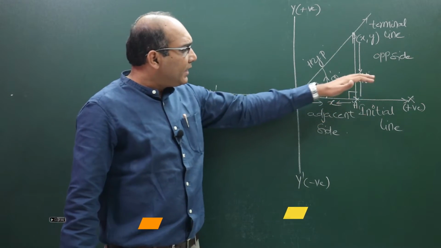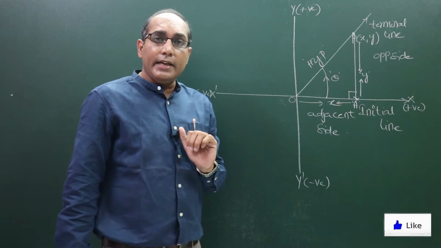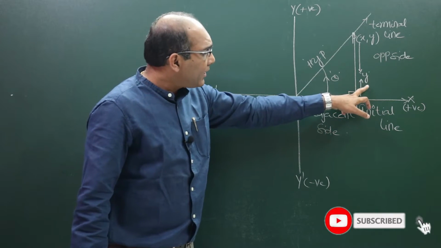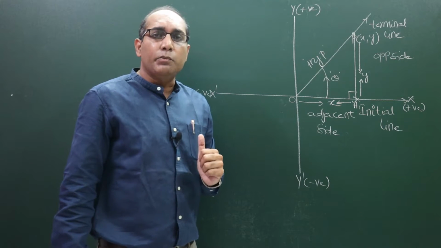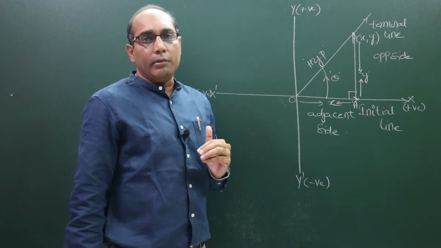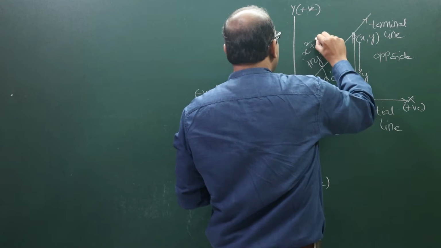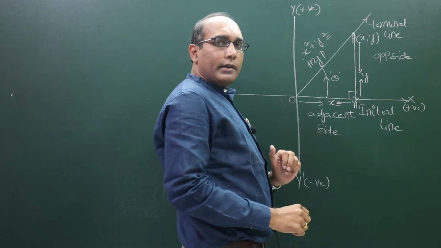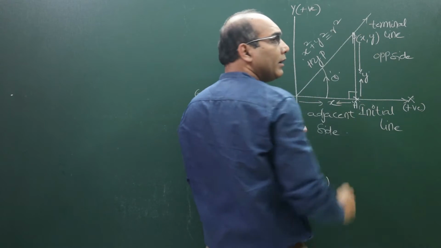Now this is x, this is y, and OAP is a right angle triangle. So we can write side square plus side square is equals how much? Hypotenuse square as per the Pythagoras theorem. Shall we write this as x square plus y square is equals how much? OP square. Is it or not? So let OP be r.